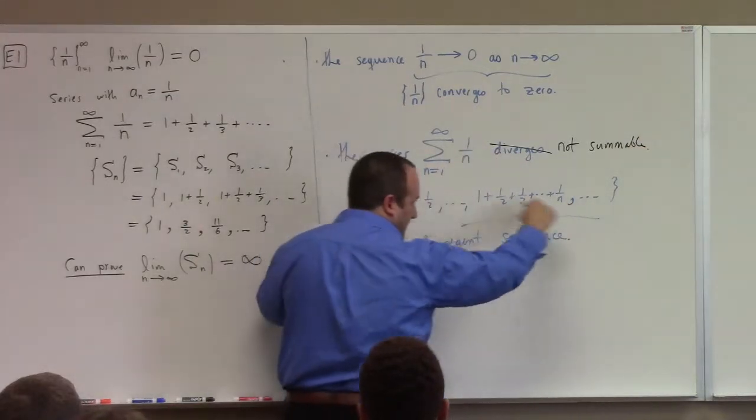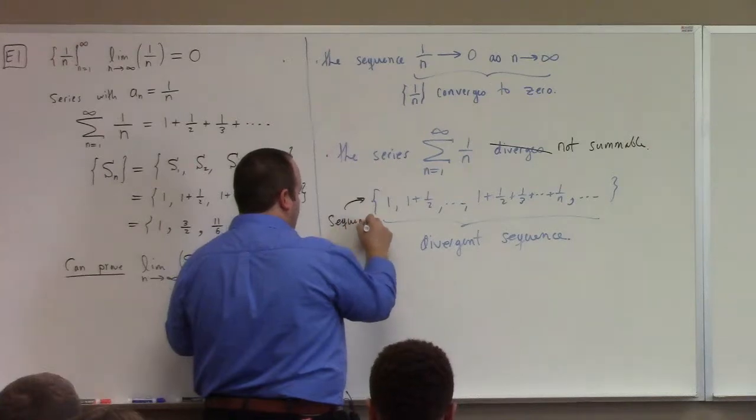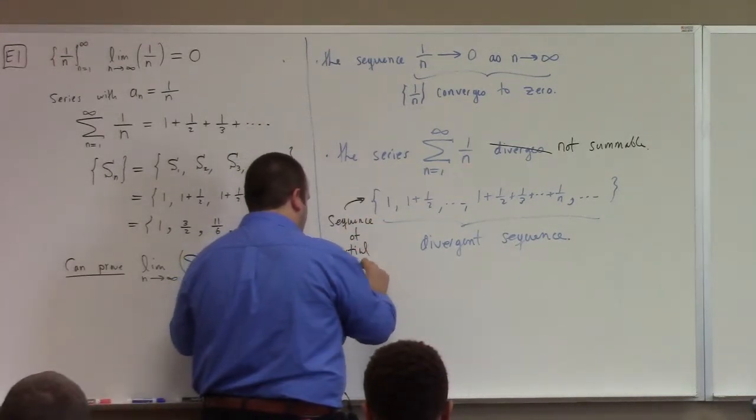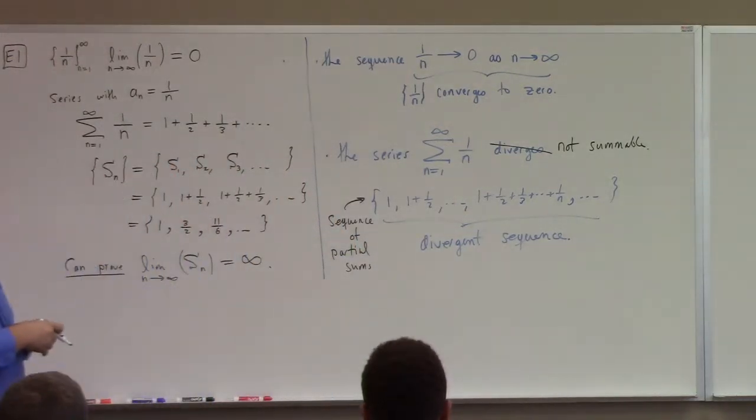Because its sequence of partial sums, this right here, is the sequence that diverges. What's that series called? It's the harmonic series.